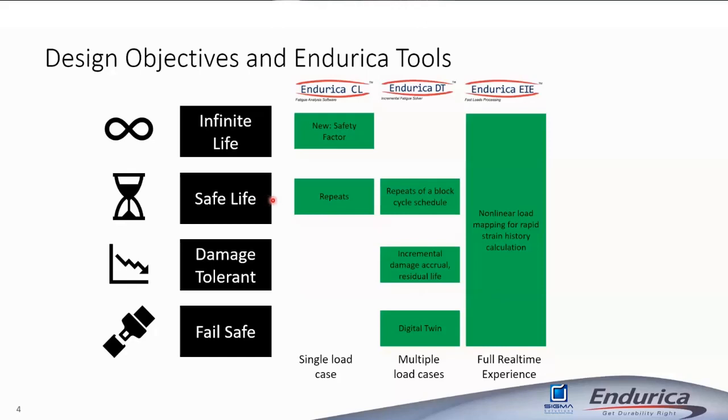Now, the next level deeper after safe life is what we call the damage tolerant approach. And in the damage tolerant approach, you begin to think about things like monitoring the damage, right? Inspection types of questions. And from a computational point of view, you can think about tracking how damage develops transiently in the material as you apply more and more load history.